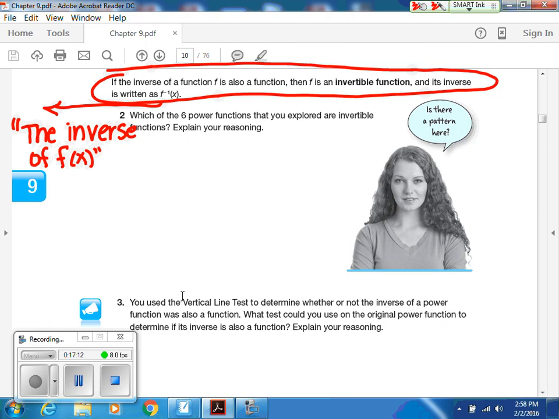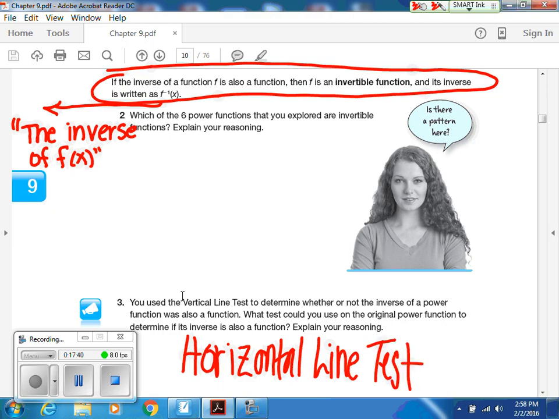So we used the vertical line test to determine whether or not the inverse of a power function was also a function. What test could you use on the original to see if its inverse would be a function? Yes, the horizontal line test. If it fails the horizontal line test, its inverse will not be a function.